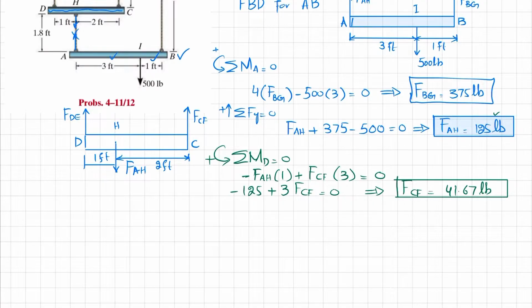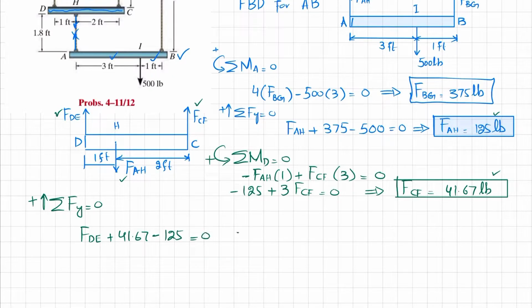Okay, we will apply another equation: the sum of all forces along the y direction must be equal to 0, taking the upward force as positive. So one force is this, the other one is this, and the third one is this one. So FDE plus FCF, which is 41.67, minus FAH, which is 125.